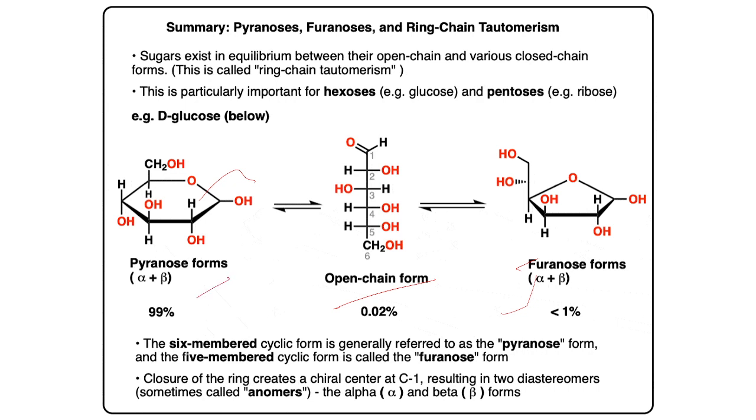This is the pyranose form at 99%, and this is the furanose form at less than 1%. If this attacks here, then this is pyranose. If this attacks here, then this is furanose. Okay.